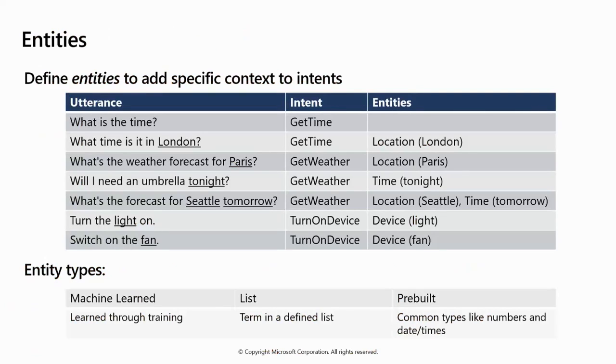Then we have the pre-built entities. The pre-built entities are useful for common types like numbers, date times, and names. For instance, when pre-built components are added, you can automatically find values like 6 or companies like Microsoft.